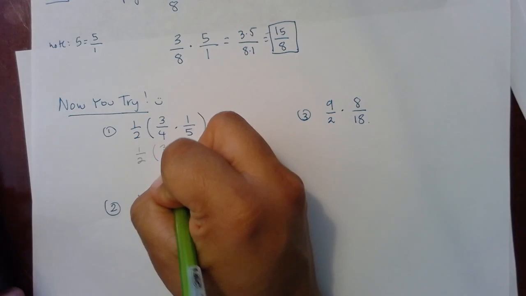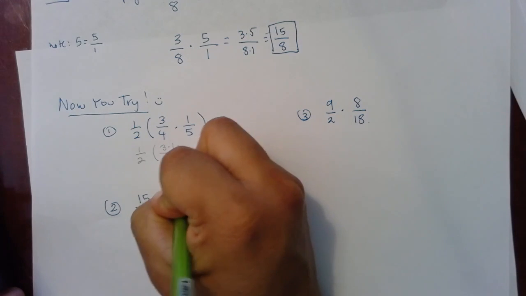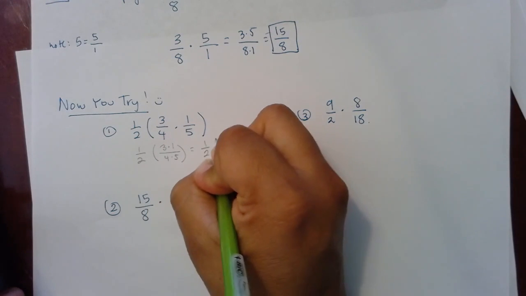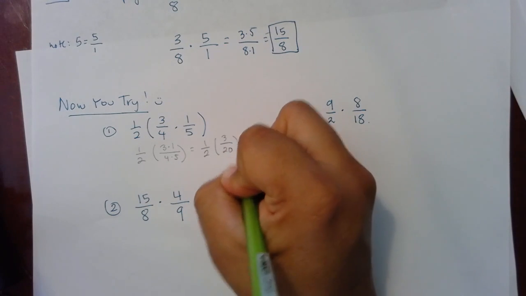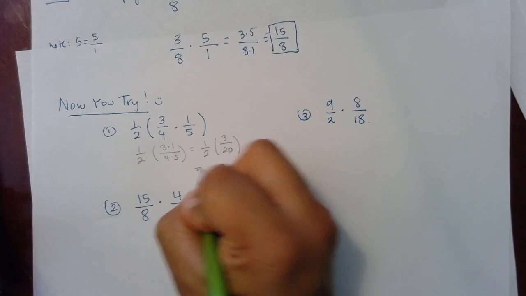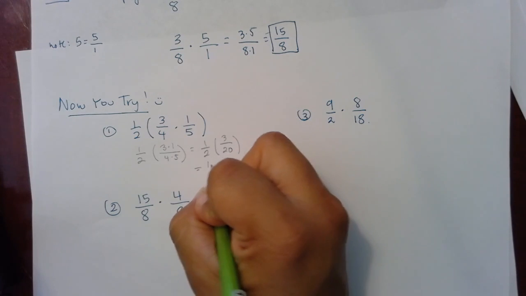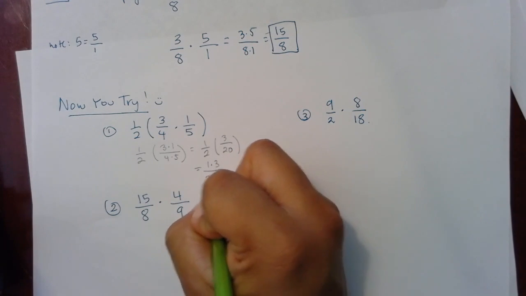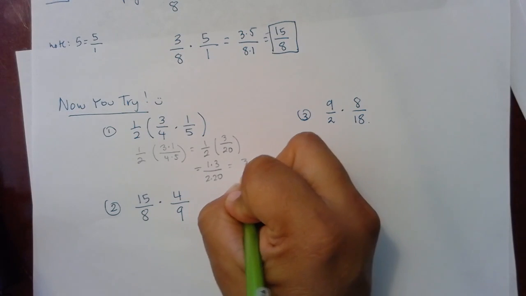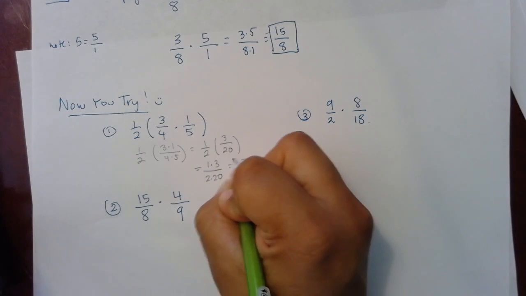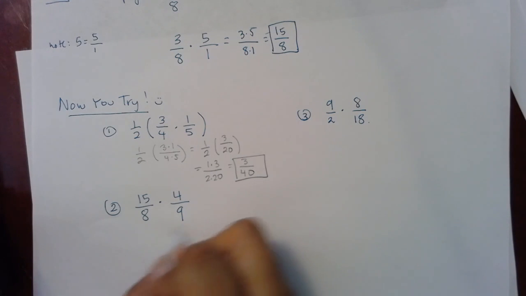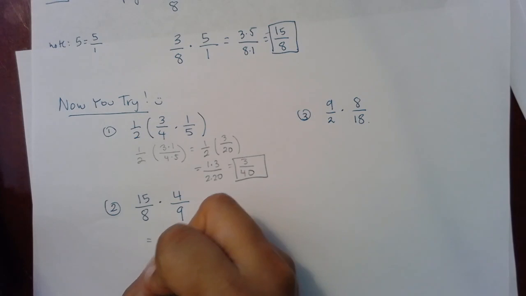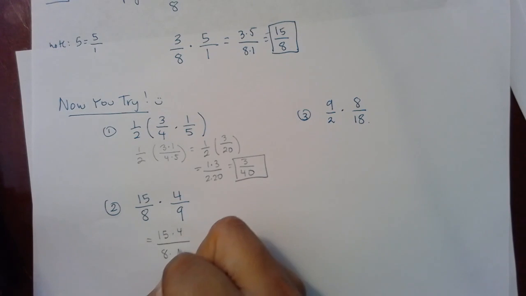We have 3 times 1 over 4 times 5, which is 3 over 20. So give yourselves a pat on the back if you got that correct. And then for the next one, we would do 15 times 4 over 8 times 9.